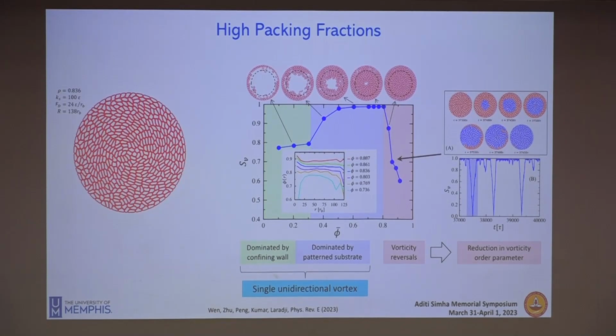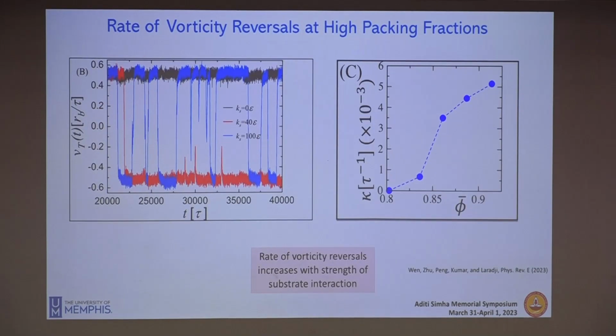And if you look at the rate of these reversals as a function of density, it increases, and that's what this kappa is about, as a function of packing fraction of the particles.